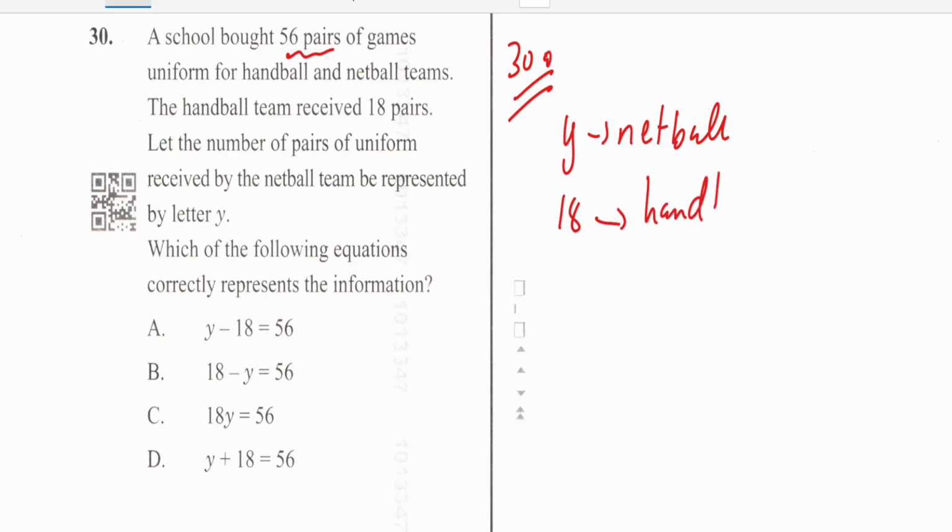The total of those should be 56. So Y plus 18 equals 56, which is just this one. It's not that hard.